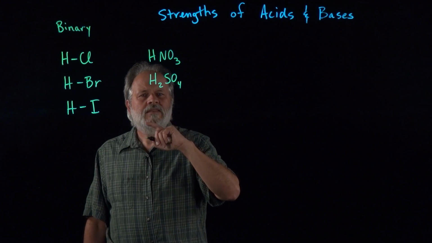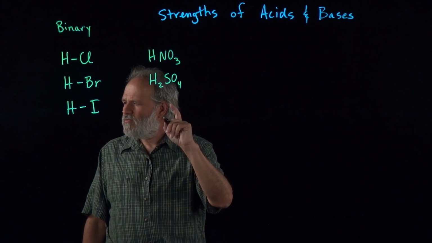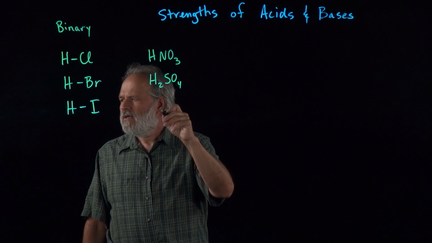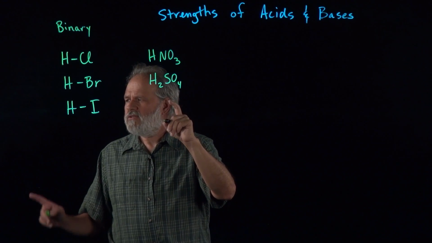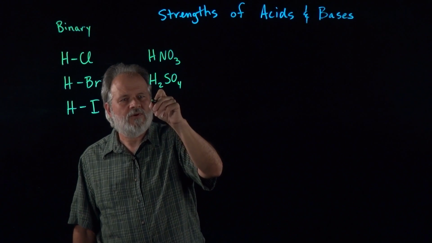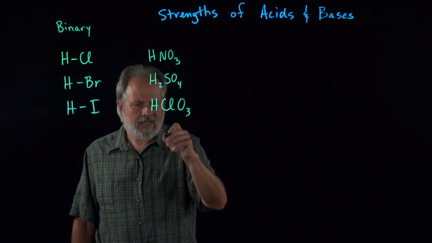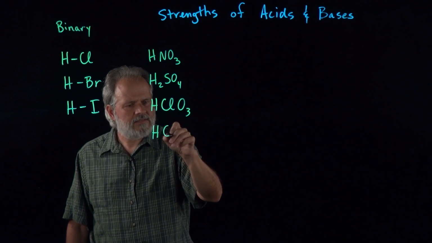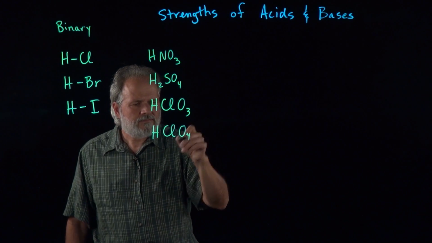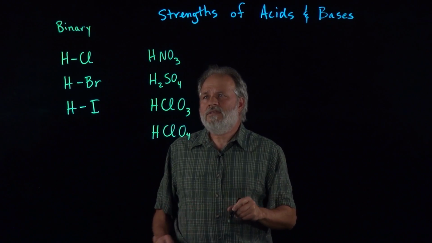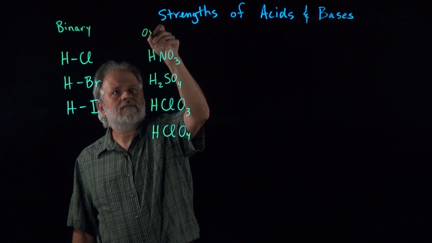And then there are just 2 more: HClO3, chloric acid, and then perchloric acid. So these are the oxo acids, oxy acids.